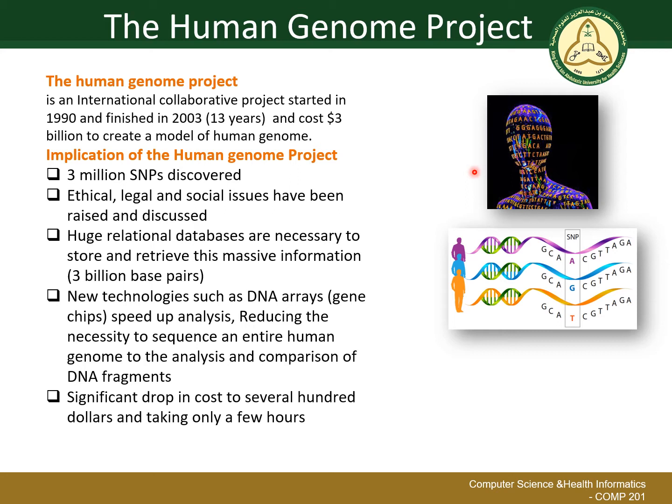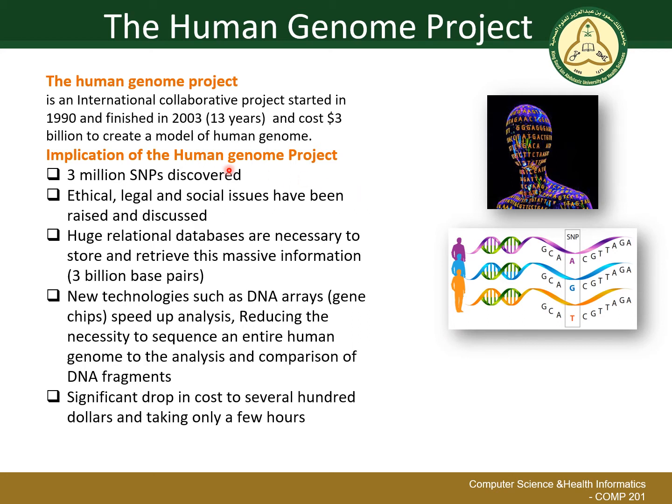It also identified the location of many human genes and provided information about their structure and organization. And it also made the sequence of the human genome and tools to analyze the data freely available. And this project is available online via the internet.